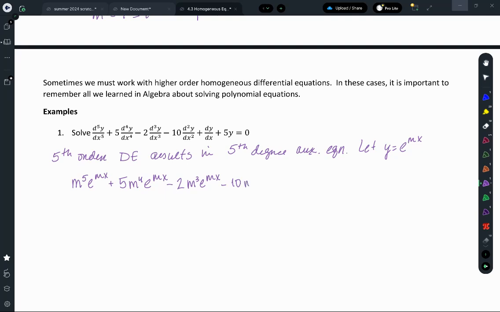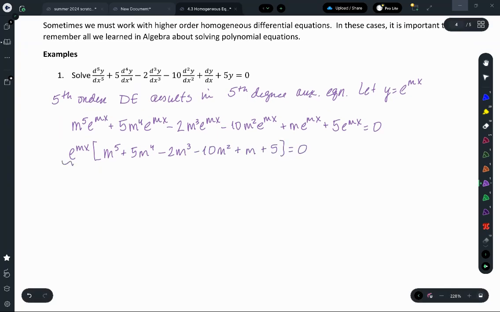The second order will be m squared e to the mx plus the first order will be m e to the mx, and then plus 5 e to the mx equals 0. Okay, I'm going to factor out those e to the mx's right away so that we can really focus on our polynomial. So m to the fifth plus 5m to the fourth minus 2m cubed minus 10m squared plus m plus 5, all that's equal to 0.